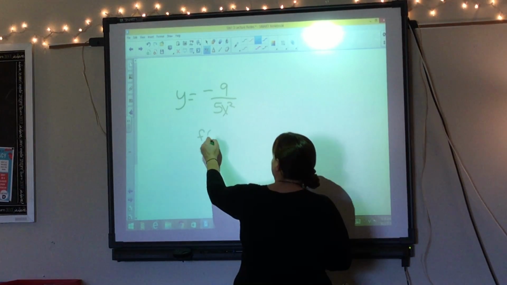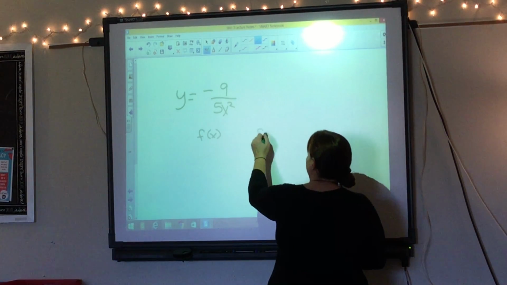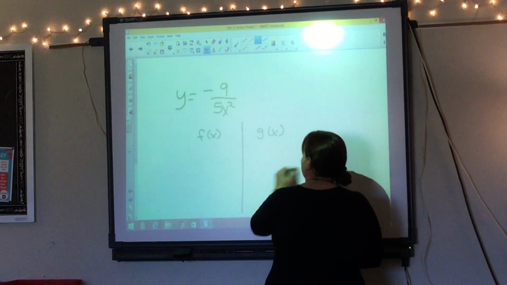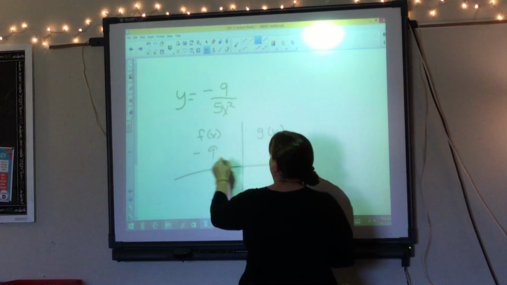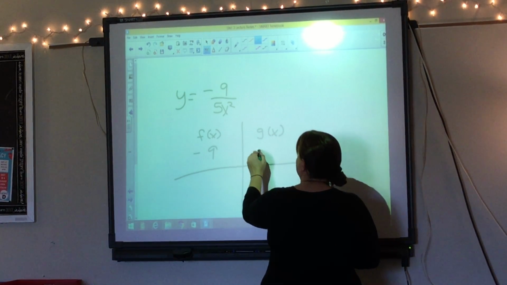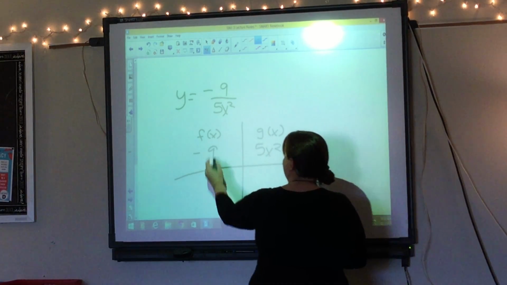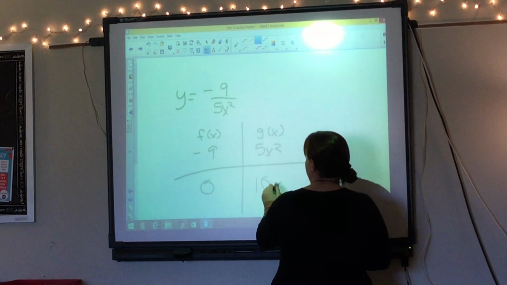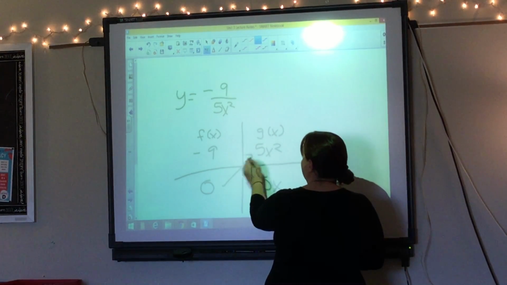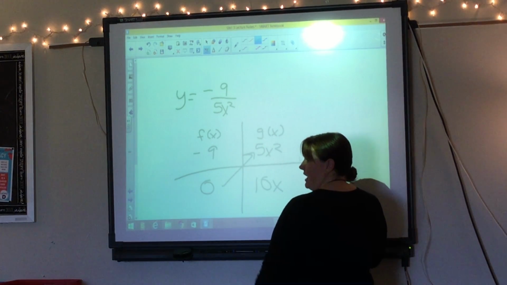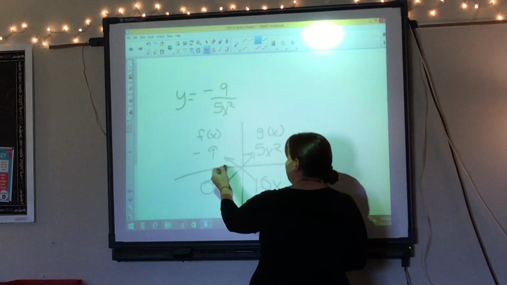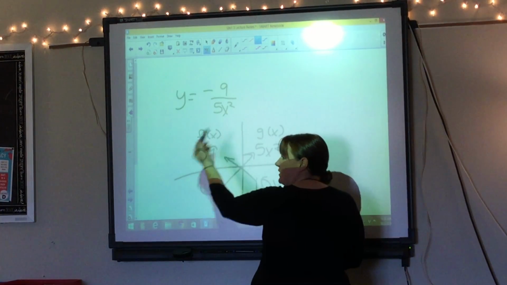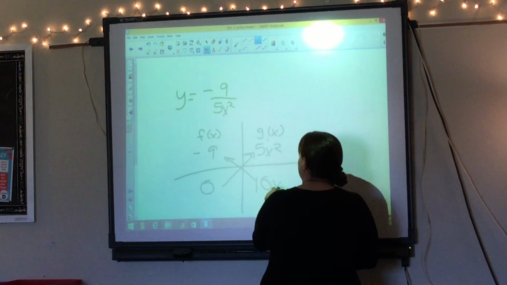If f of x was 9, this is why when we multiply by a constant, it doesn't matter. Because the derivative of 9 is 0, and so then this would be 10x. So if I did f prime g, it gets rid of that, right? And basically all I do is f g prime, so I multiply the constant by the derivative of the function.